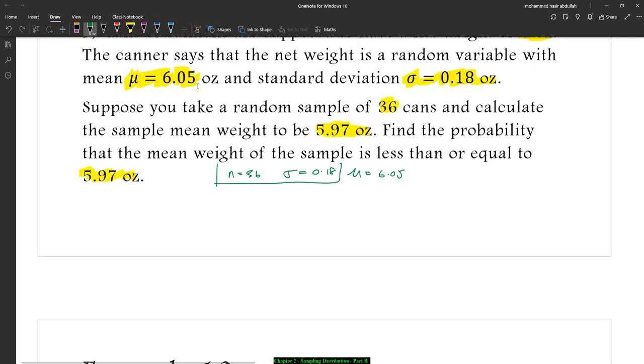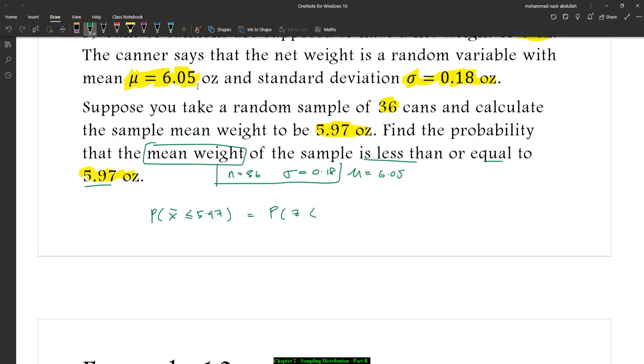So what we want to find is the probability of mean weight. Mean weight x bar is less than or equal to 5.97, right?